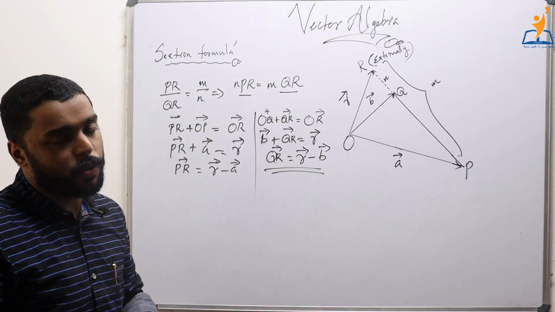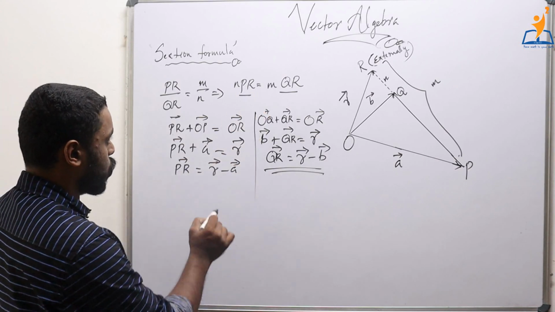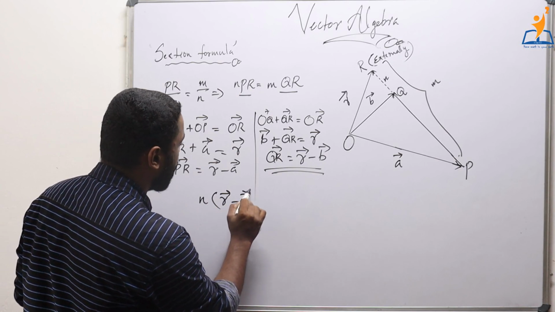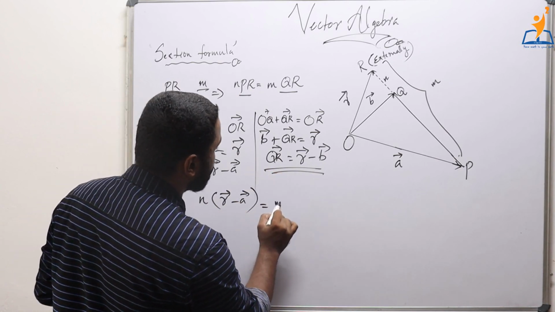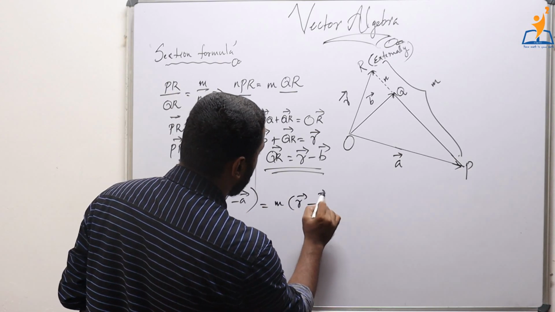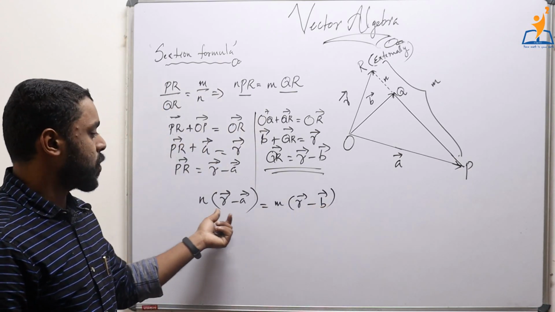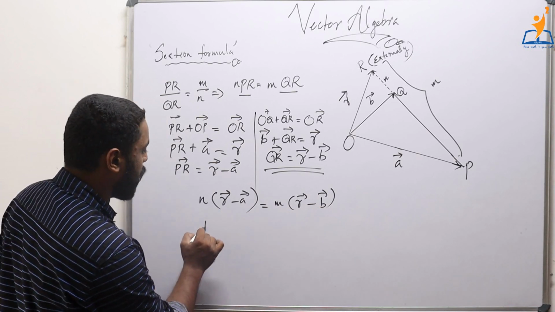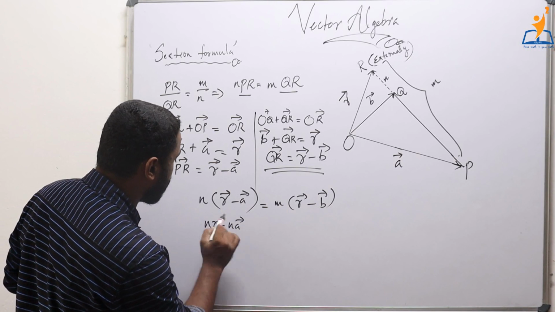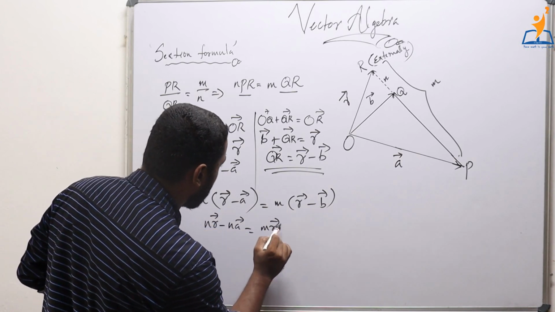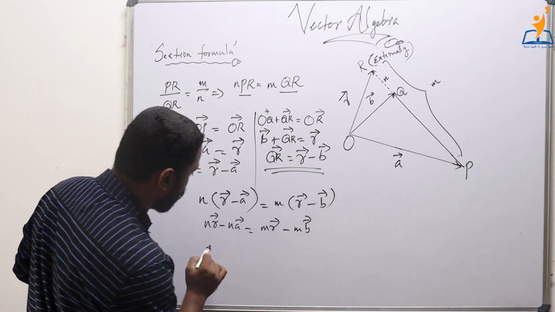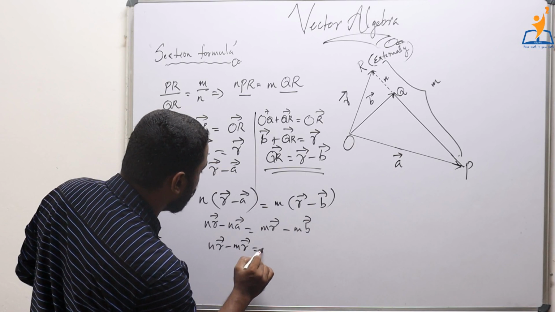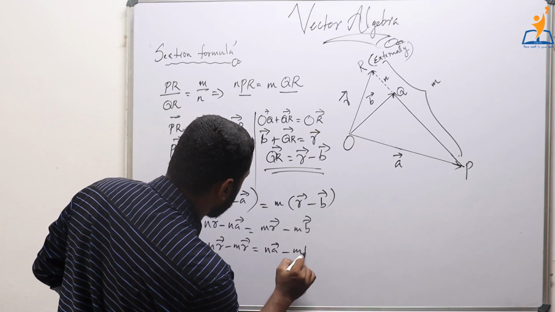Now we shall substitute these values in the original equation. So we have n into PR, which is vector R minus vector A, equal to m into QR, which is vector R minus vector B. Now we shall multiply this and collect the terms containing R on one side, and evaluate R. So we have NR minus NA is equal to MR minus MB. So we have NR minus MR equal to NA minus MB.